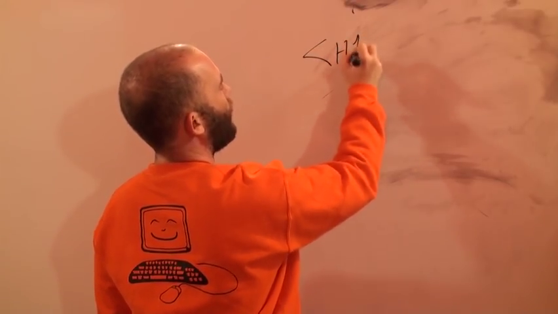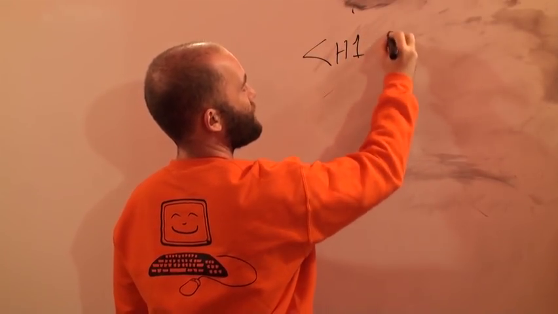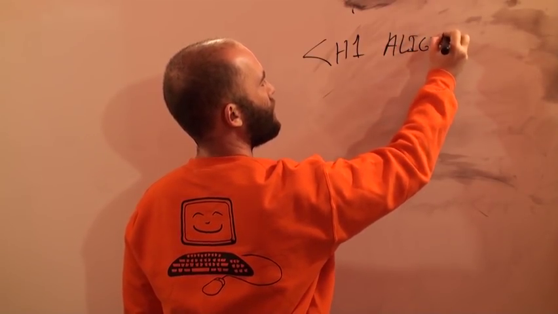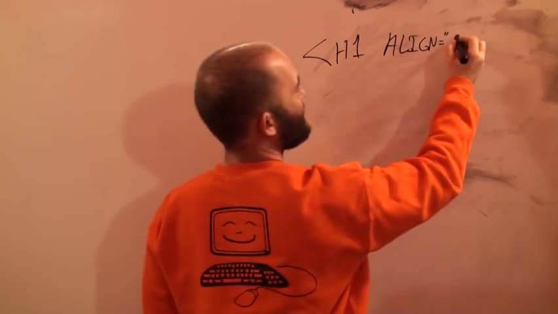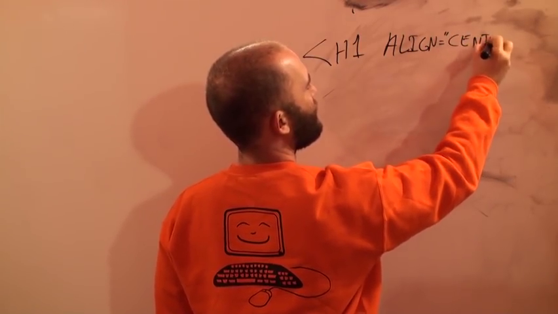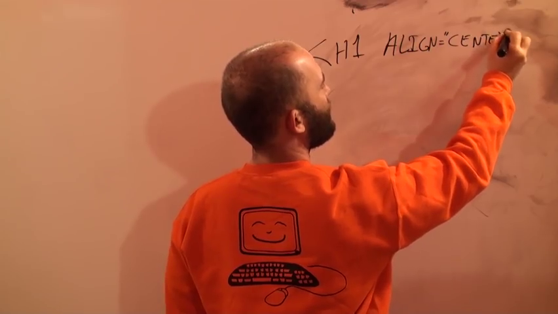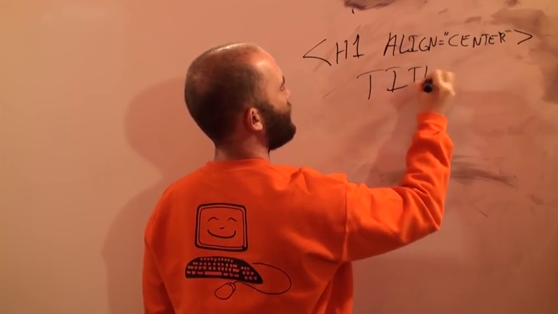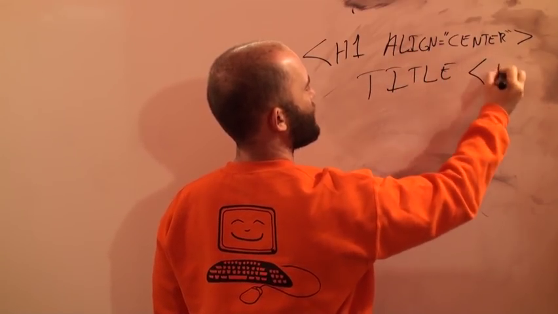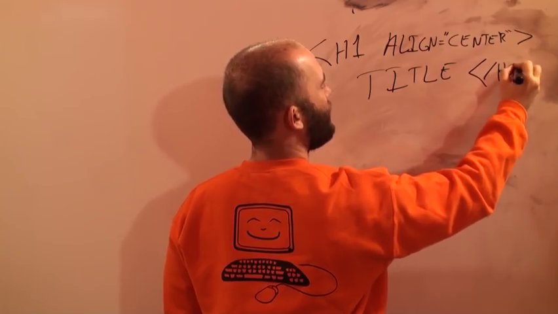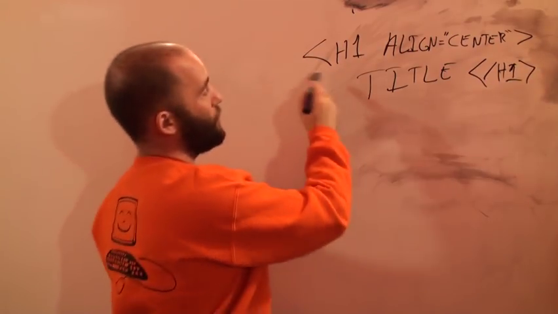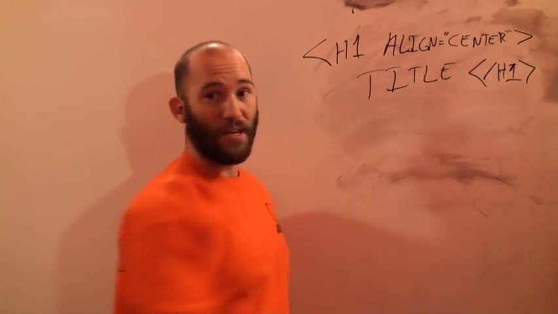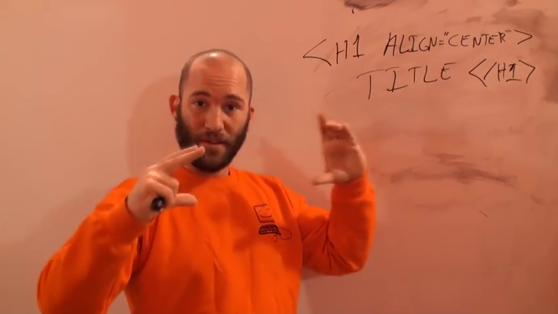You do H1, and then there's a space, and then you say align equals, and then the quotation marks, and then say center. And then you say title, and then you close the H1 tag. If you do H1 align equals center, you have whatever title you want, and then you close the H1 tag. Now the title will be in the center of the page.